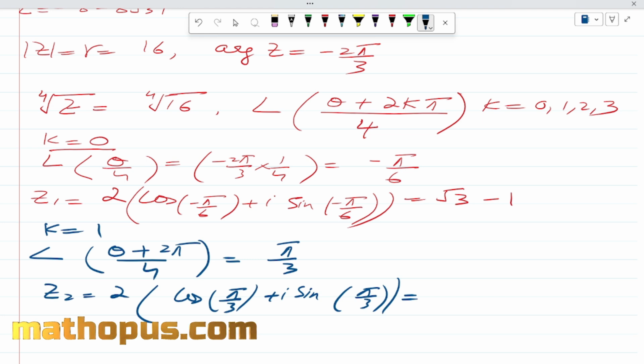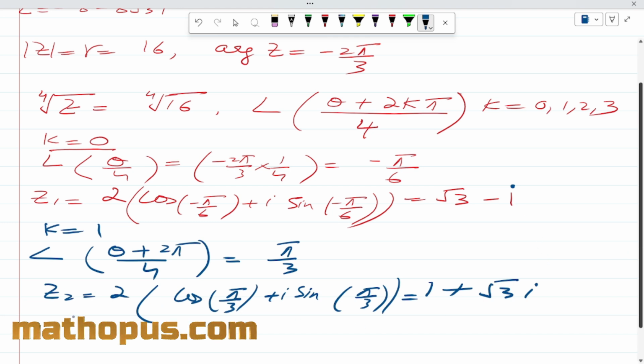Cos pi over 3 times 2, this is 1, plus sine pi over 3, whatever the answer, times 2, so it is root 3 iota. So this is also in iota. Okay, so this is the second root.